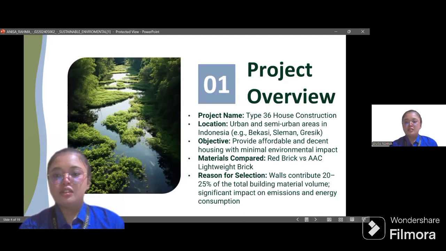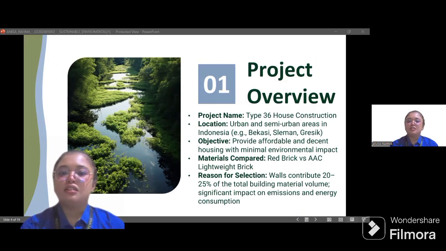The first one is project overview. In this slide, I will thoroughly explain the context of the project that served as the foundation of our LCA study. The project we analyze is the construction of type Rumah 36, which is one of the most common housing types used in Indonesian public housing sets.